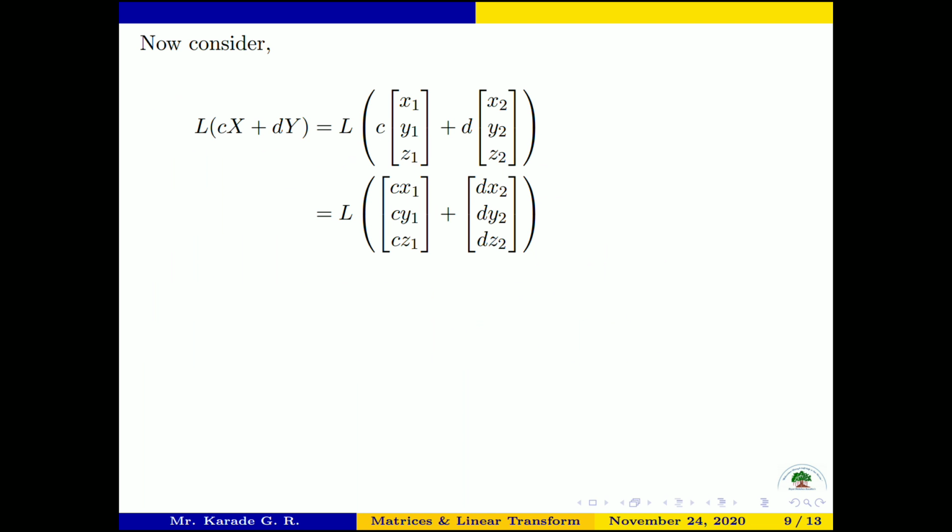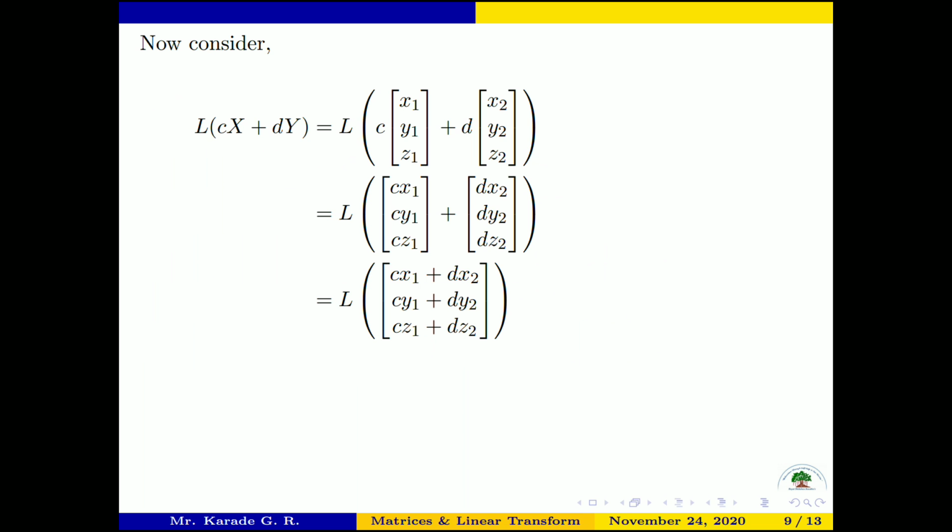So L into bracket, the first column matrix is (cx1, cy1, cz1) plus the second column matrix is (dx2, dy2, dz2), and we add these column matrices and we get again a column matrix, L of (cx1 + dx2, cy1 + dy2, cz1 + dz2).